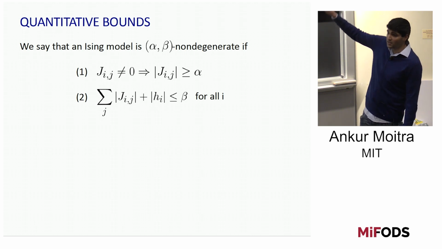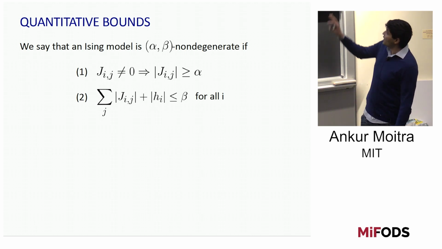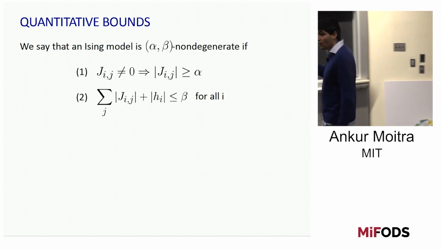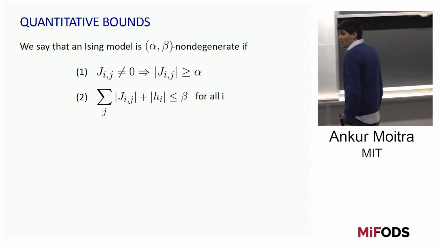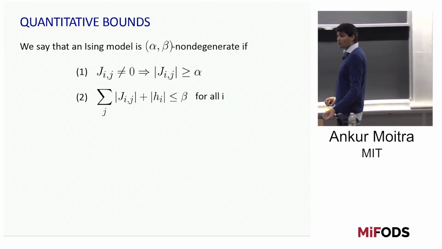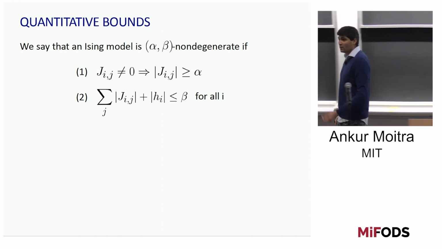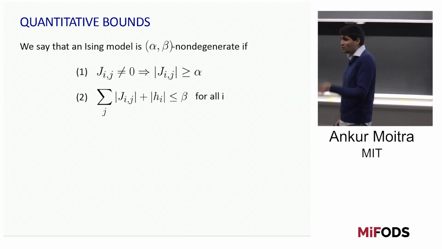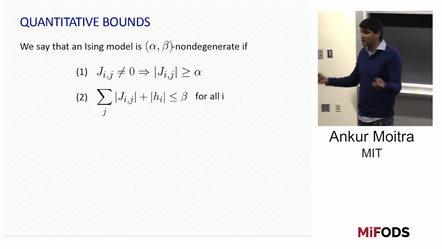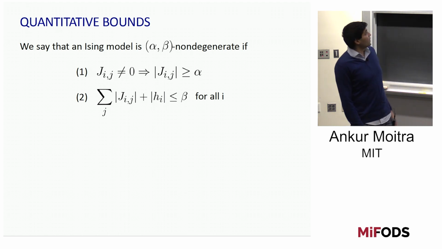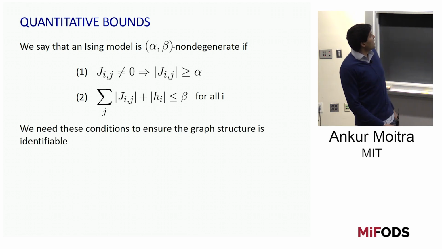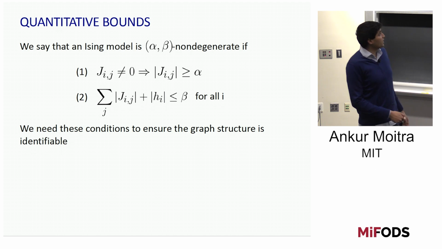In our case, it would be positive because we're ferromagnetic. And you also need some upper bound on the sum of the interactions, because if they're too large, if the external field is infinity at some node, then that node is purely deterministic, and you don't get a chance to learn who its neighbors are. So you need some alpha lower bound and beta upper bound.